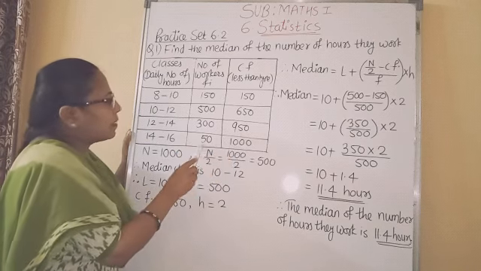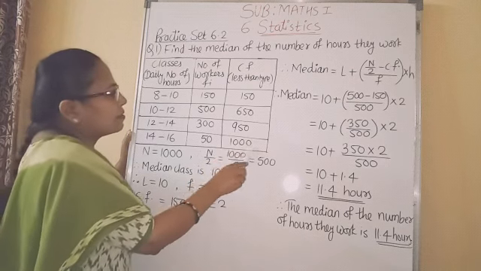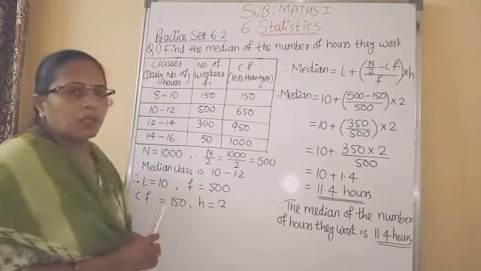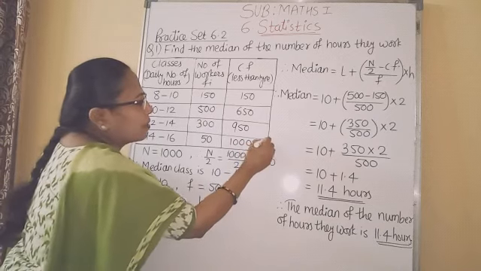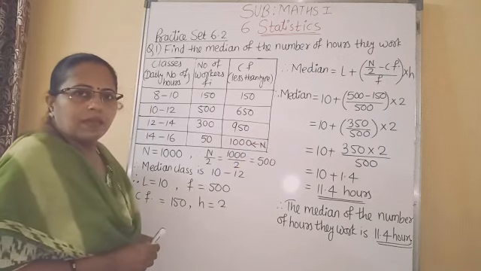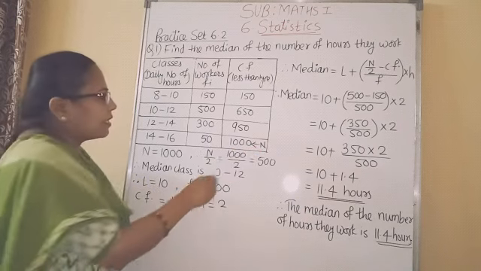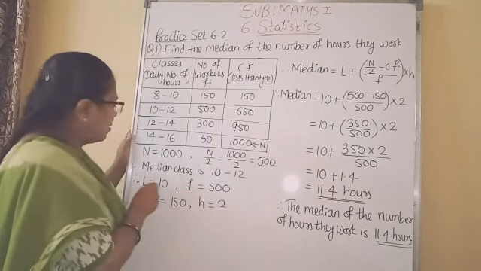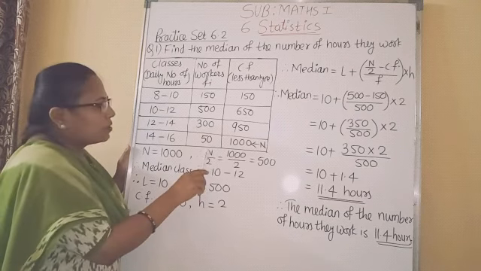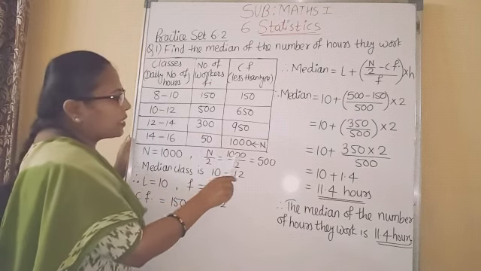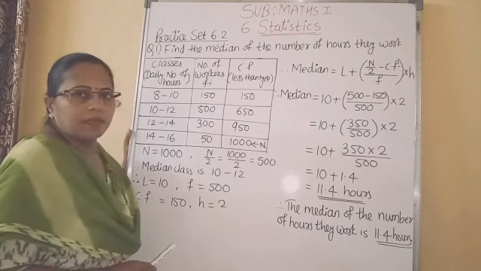And 950 plus 50 is 1000. Now this last number is the total number of frequencies, which is n. So n is equal to 1000.